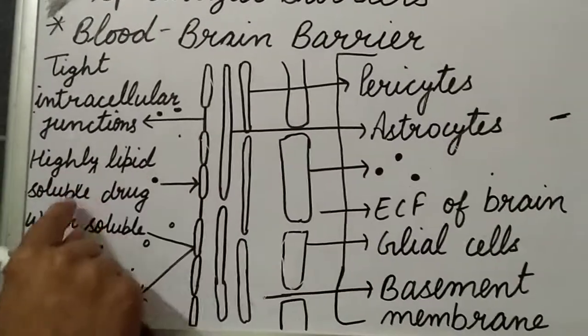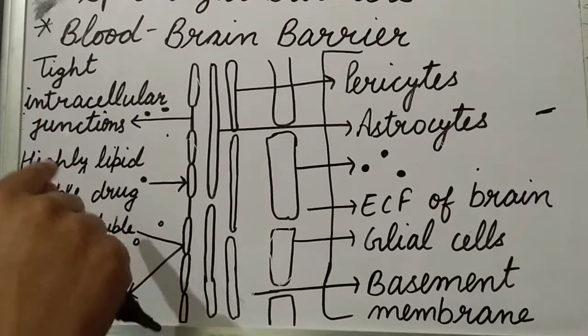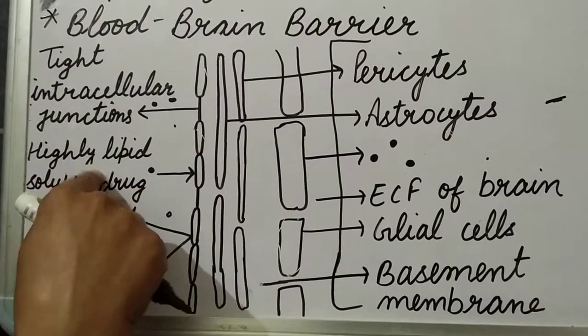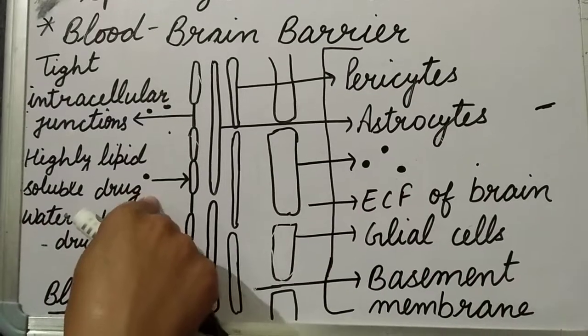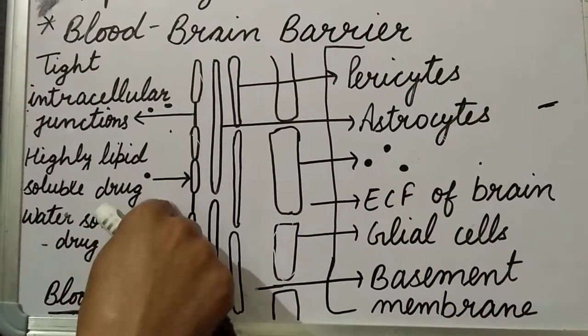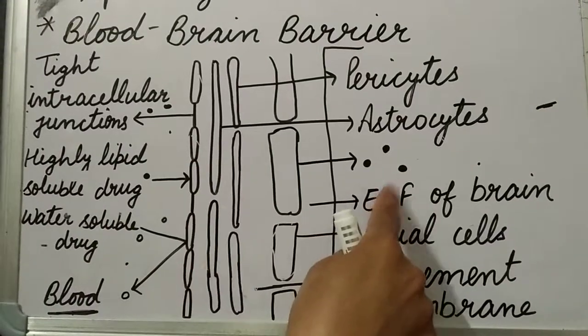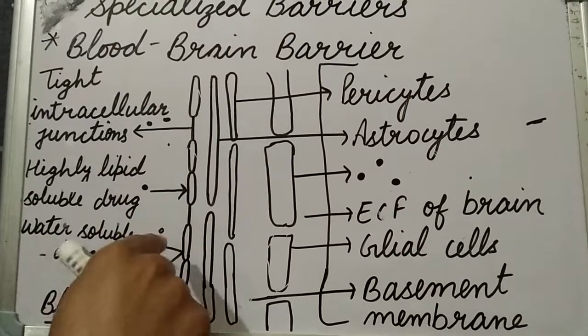Very highly lipid soluble drugs. For example, the most important example in this case is thiopental drug, which is highly lipid soluble and it can easily cross the membrane. And most important is that the molecular weight of the drug which can cross from this side to that side should be below 700 Daltons.